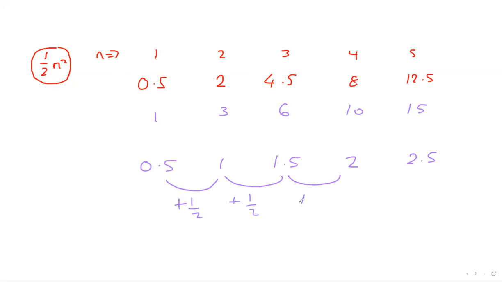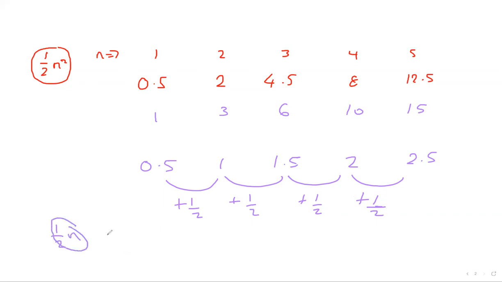And as we can see, they're all plus a half. So using our simple sequences formula, the nth term of this sequence will be half times n, which is the common difference times n. So this is going to be half n.